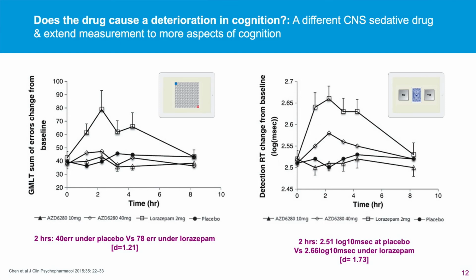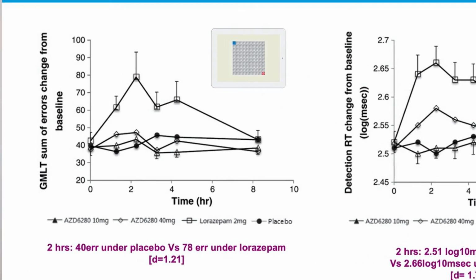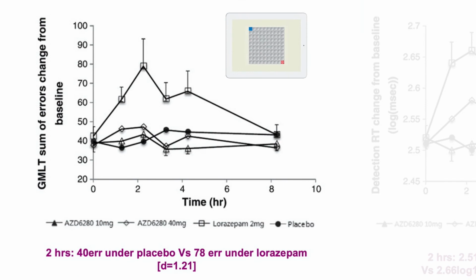On the left figure, again, is the GMLT, the Groton Maze Learning Test errors. Like these other two studies, healthy young adults prior to drug make about 40 errors on that test. After lorazepam 2 milligrams, 2 hours later, they were making about 80 errors, or 78 errors here.